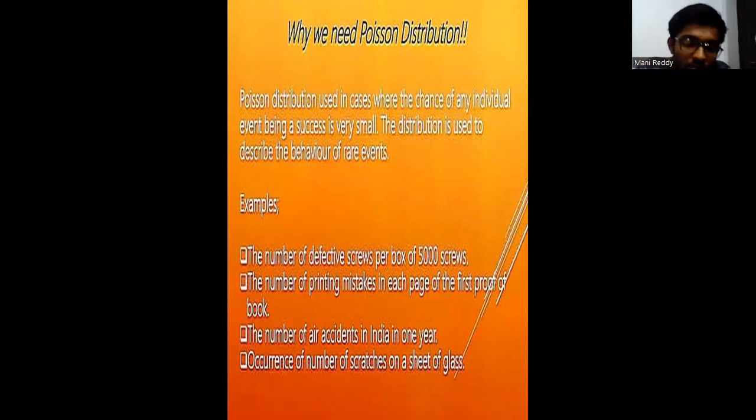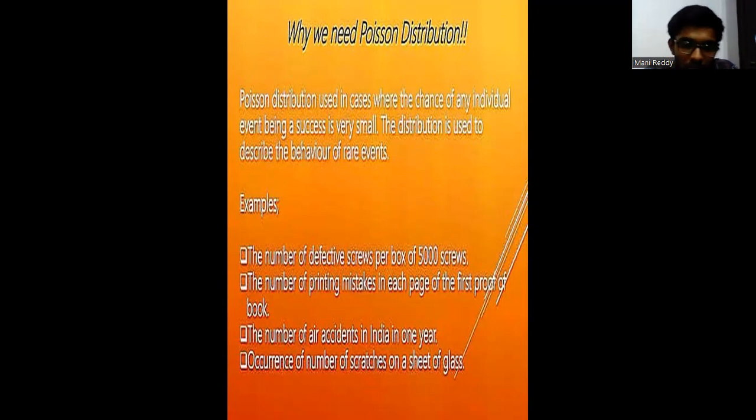Like examples: the first example is the number of defective screws per box of 5,000 screws. If you bought 5,000 screws in a box, the number of defective screws follows a Poisson distribution.